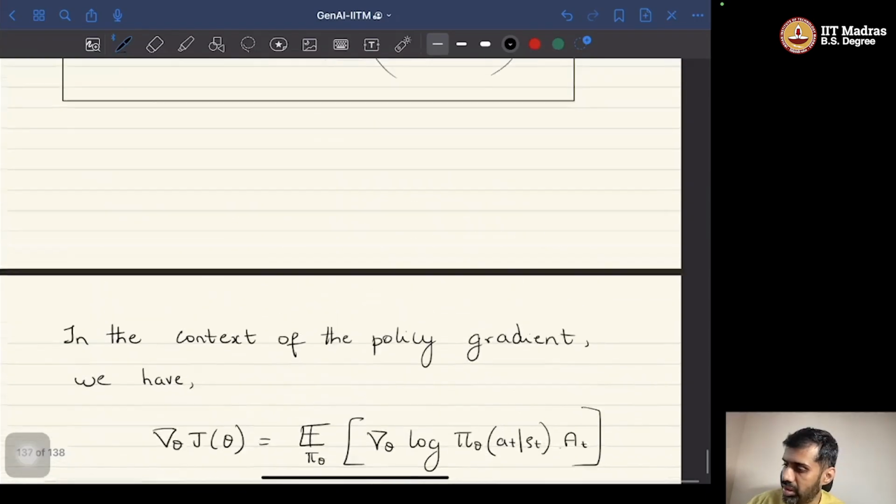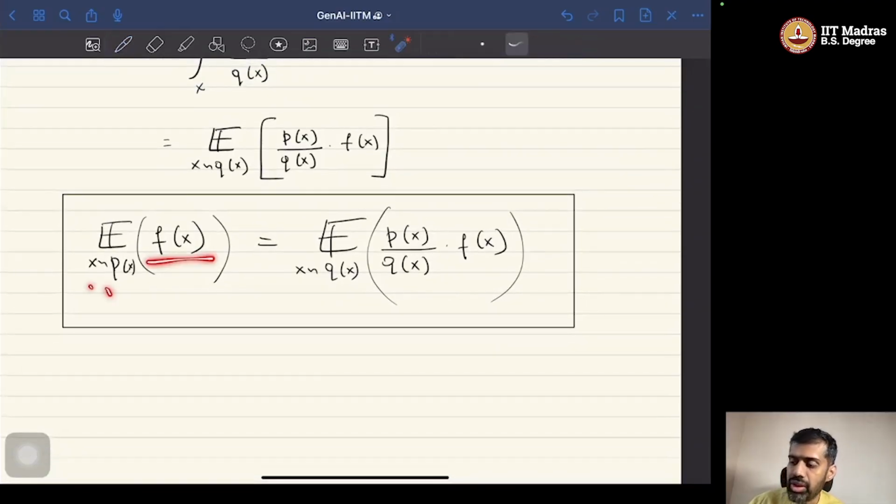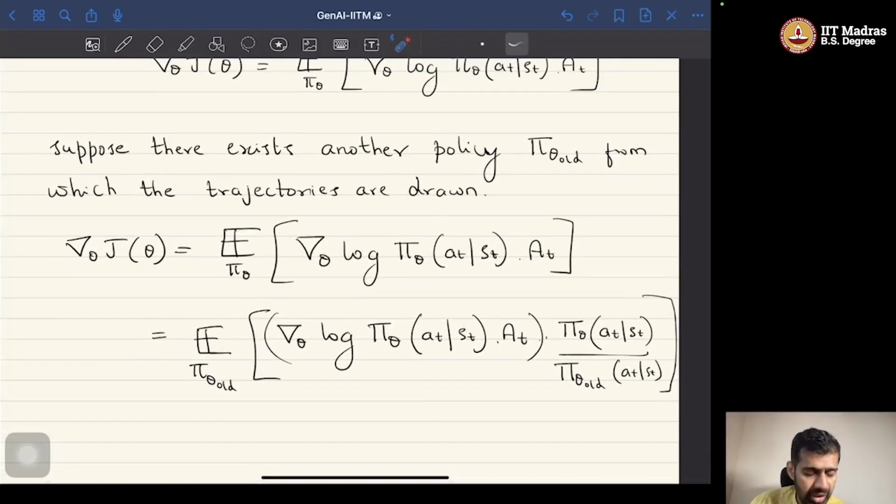So just to recall, what did we do? The expectation of a function with respect to some distribution is given by the expectation of that function multiplied by the ratio of the densities, and the expectation is now with respect to the new density q. I'm just applying the importance sampling idea here to the policy gradient theorem. What we had was the expectation of some function with respect to pi theta.